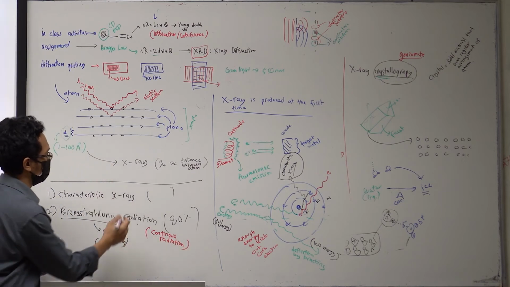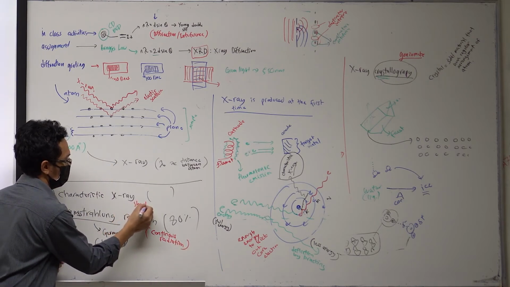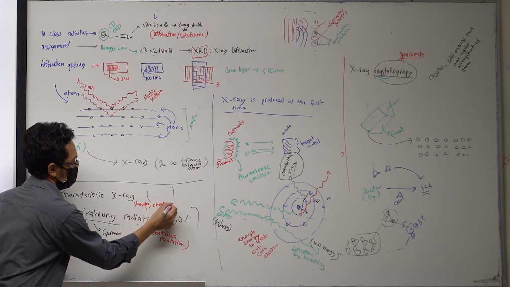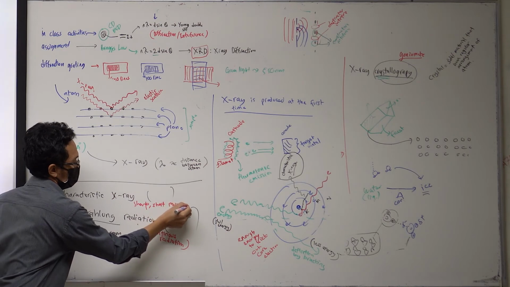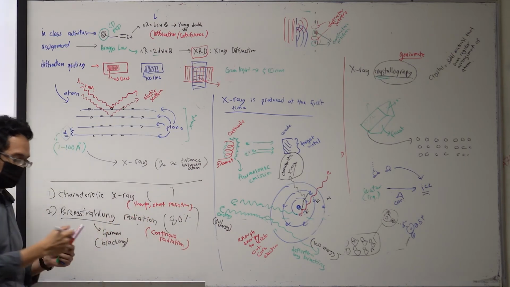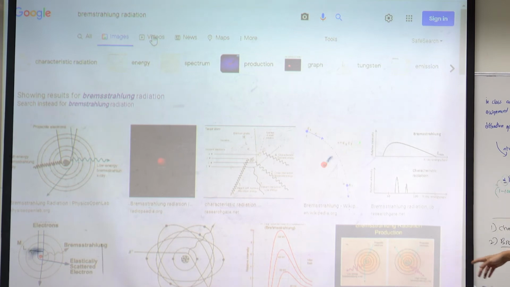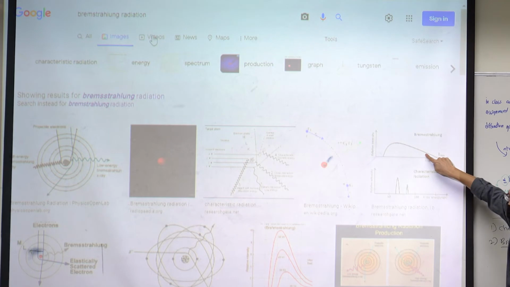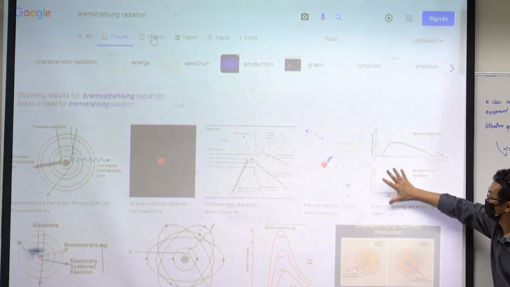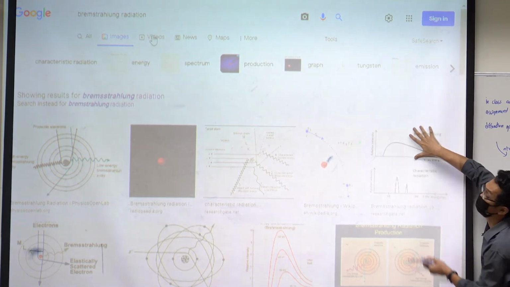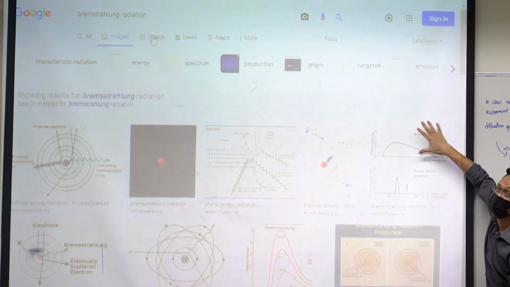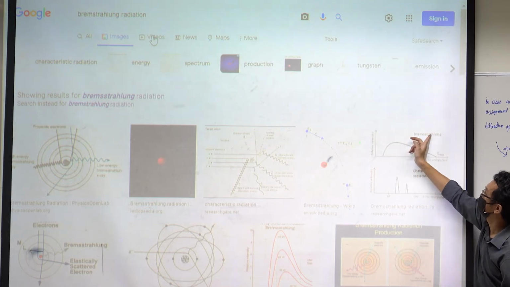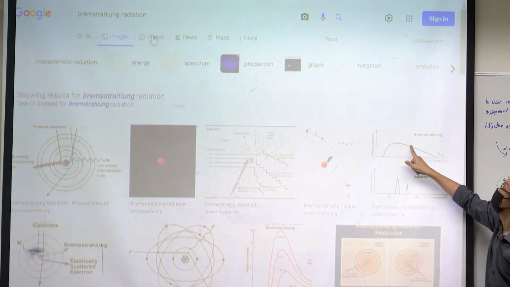Okay, this one becomes sharp and short radiation. What do we mean by continuous and sharp radiation? For Bremsstrahlung, you can see it's continuous. If this is the X-ray detector, the detector will see Bremsstrahlung radiation just like this, continuous.